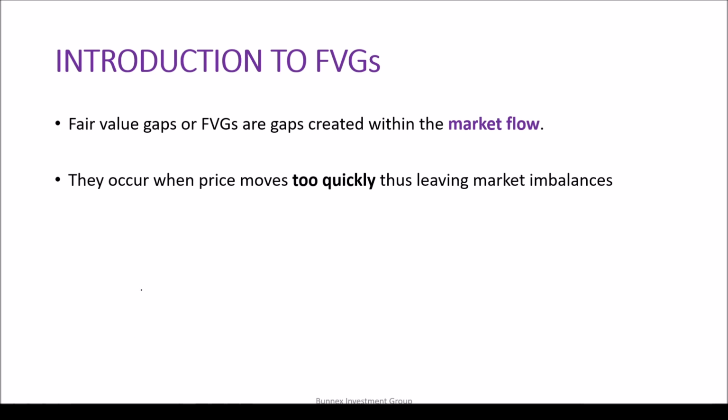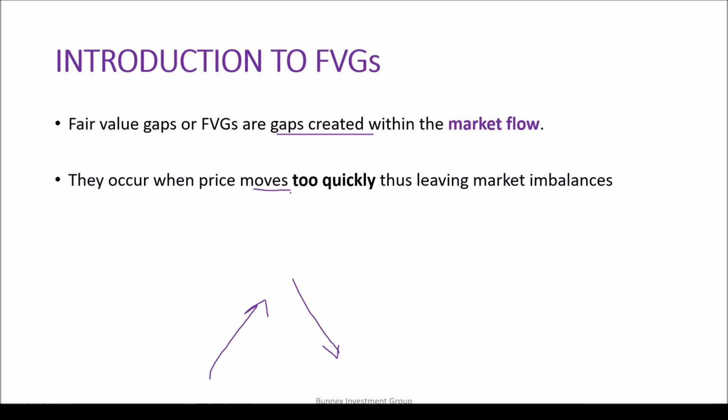Firstly, what are fair value gaps? Fair value gaps, or FVGs in short, are gaps created within the market flow. When the market is trending to the upside or is trending to the downside, it usually creates open points where the market has imbalances. They occur when price moves too quickly, thus leaving market imbalances.